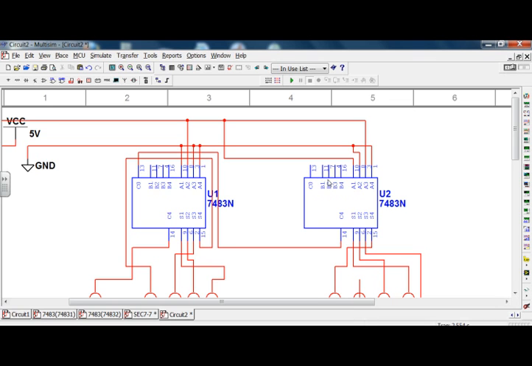Okay, my B is the 22. So I need a 0. I need a 0. I need a 0. And I need a 1. And over here on the B, I need a 0, and I need a 1, and I need a 1, and I need a 0.